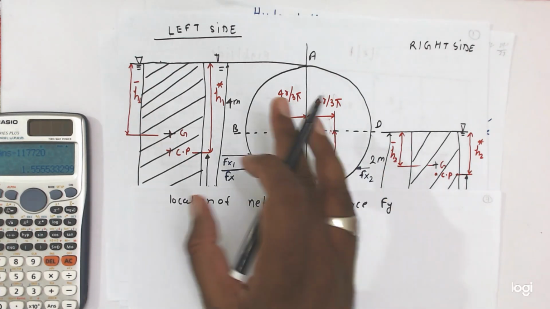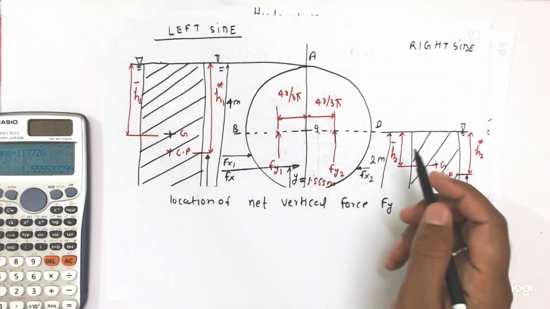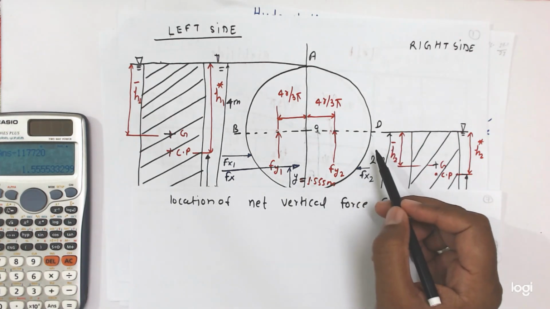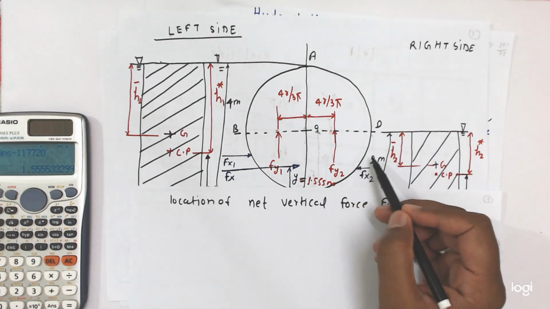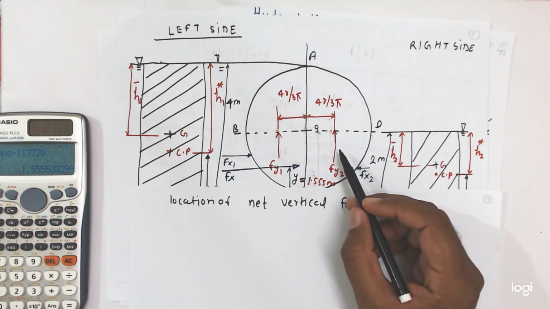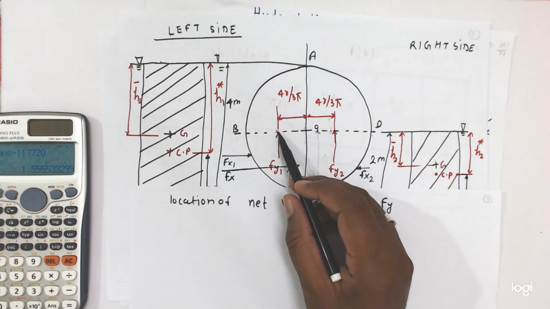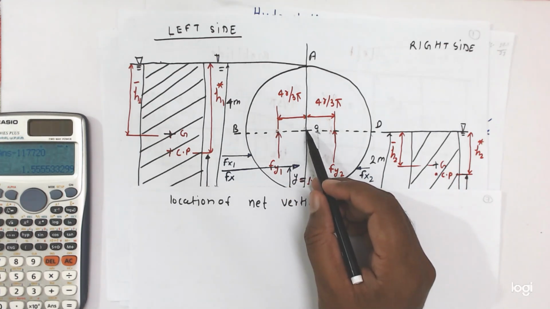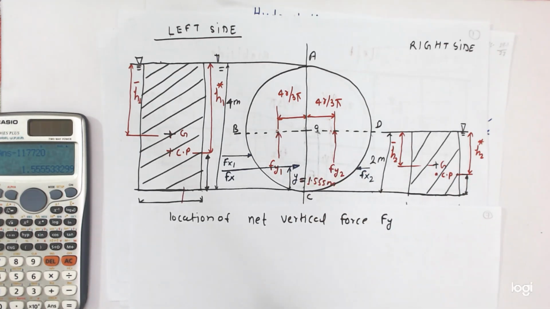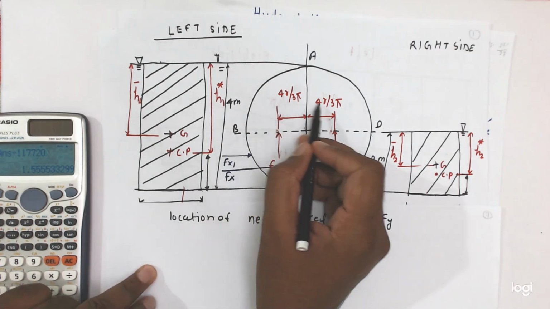You see this side the vertical component of force is more because the liquid is more, and this side the vertical component of force is less. So whatever net vertical component there is, it will lie in this region, from this point to this point. Now here you see both values are the same.